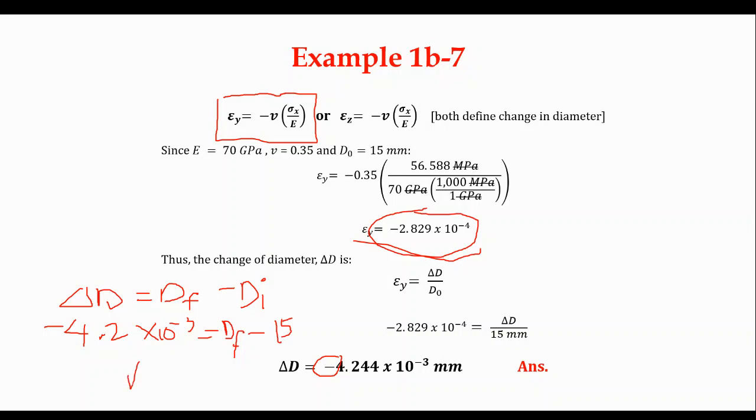So ang final is 15 plus negative 4.2 times 10 to the negative 3.